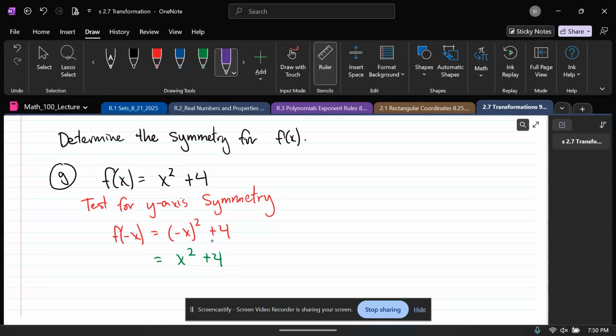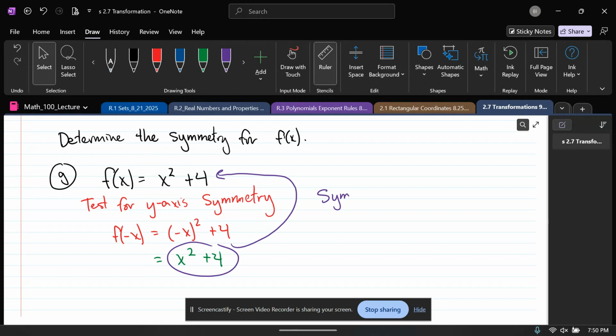Yes. So this is the same. So it is symmetric with respect to the y-axis. Let's look at the graph and show you what that means.